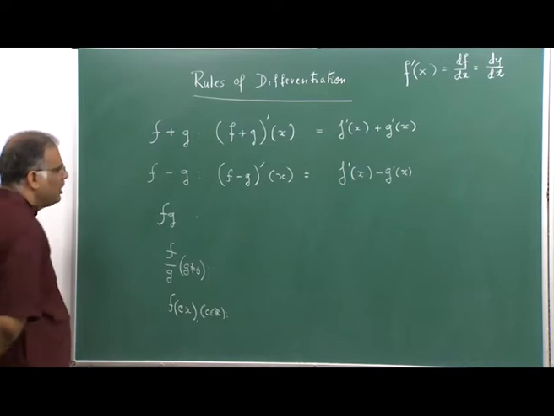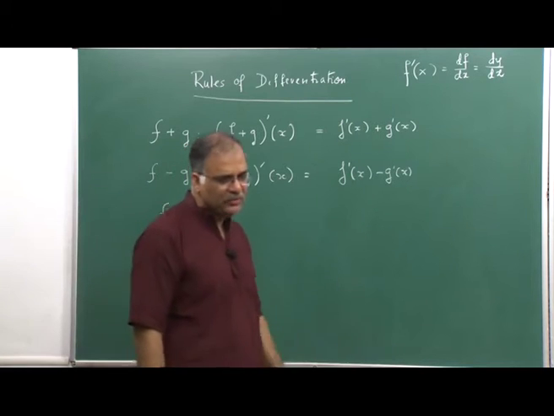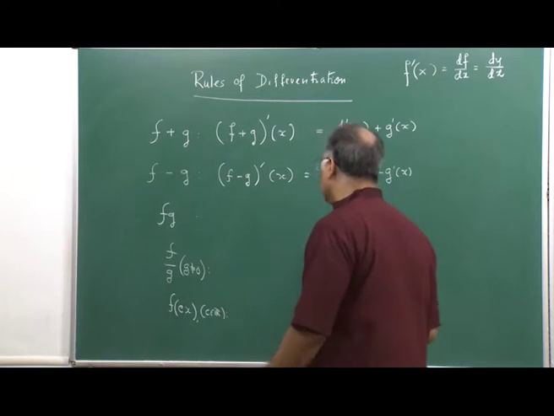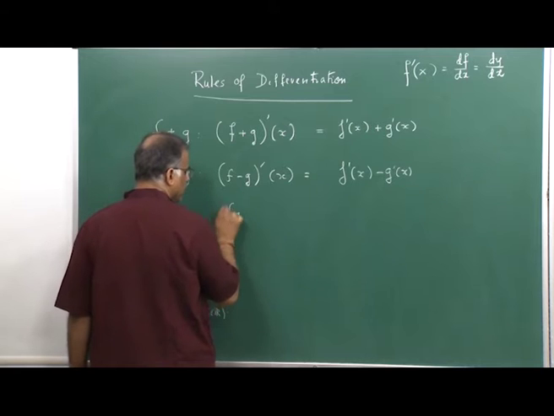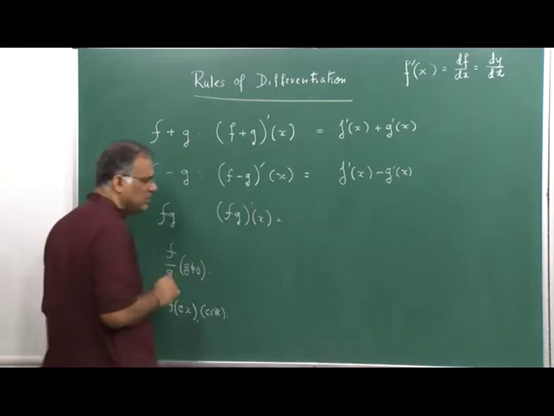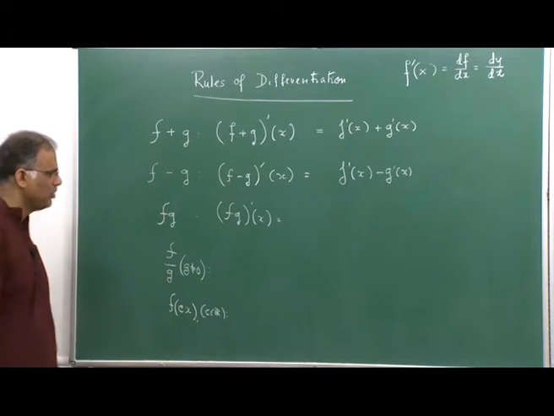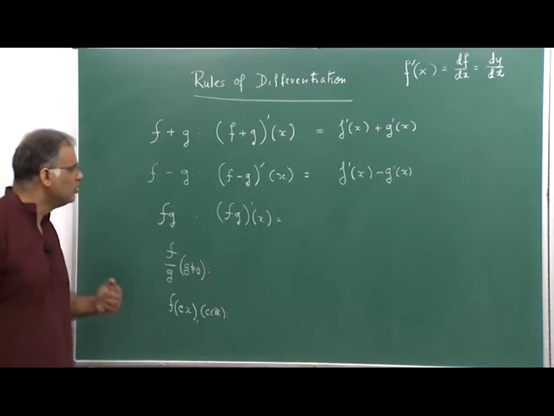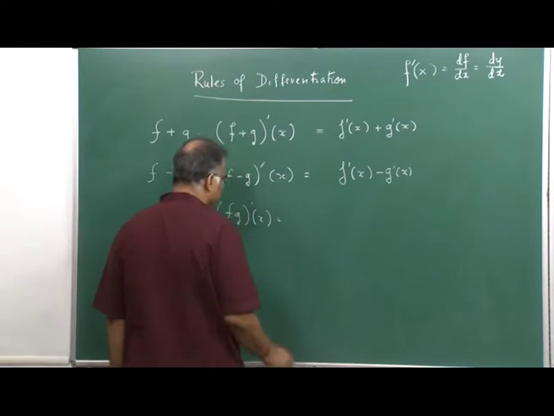A slightly complicated one is this product, and you know that the product function f g when evaluated at x is nothing but f of x into g of x, and so when I am trying to find the derivative of this function, we have to make a little more manipulation, and I think this is a good exercise for anyone to try at home who wants to sharpen his confidence in handling things in calculus.